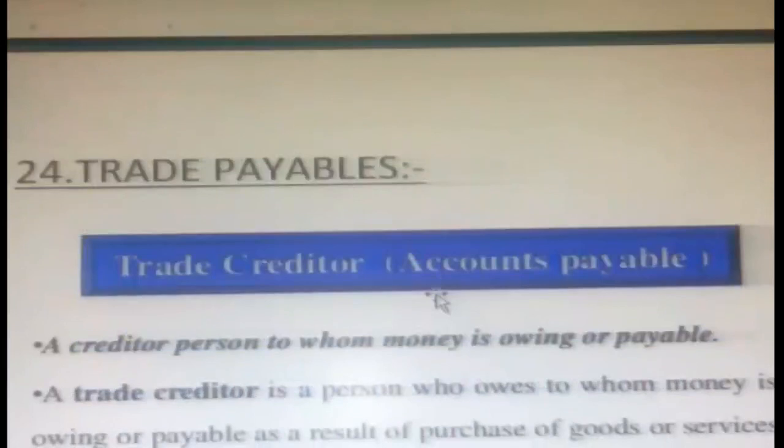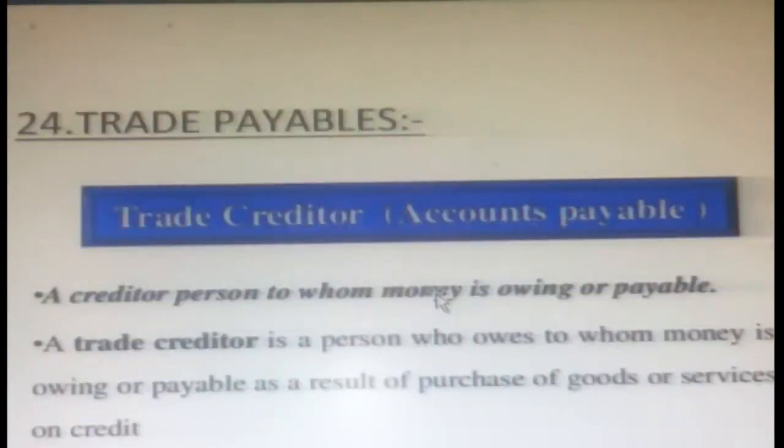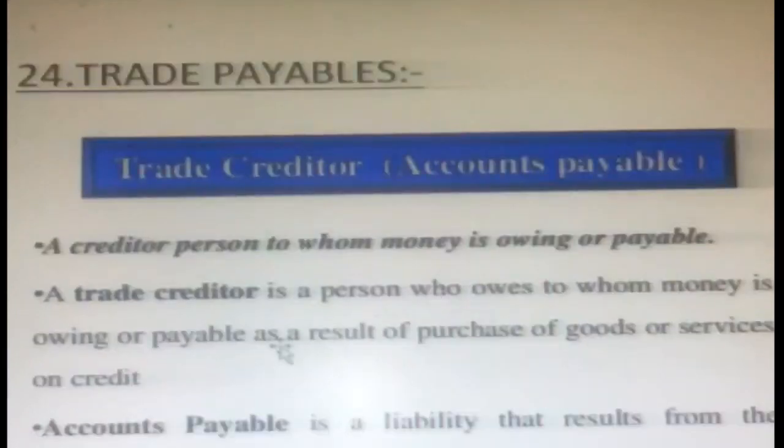Then trade payables, the opposite. Trade creditors, accounts payable. A creditor is a person to whom money is owing or payable. For example, as you are running a business, you have to pay outside parties as a creditor. Any product you purchase on credit, you have to pay for later on, correct? That is called trade payables.